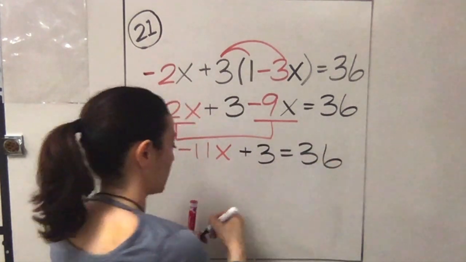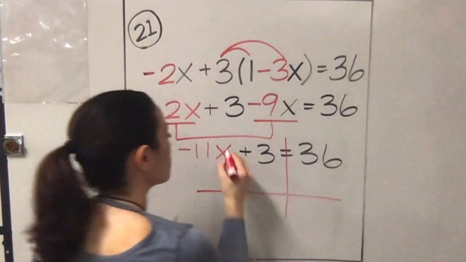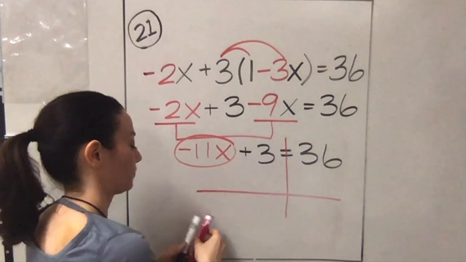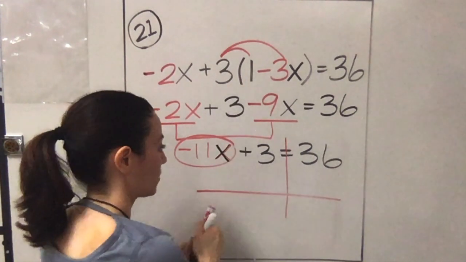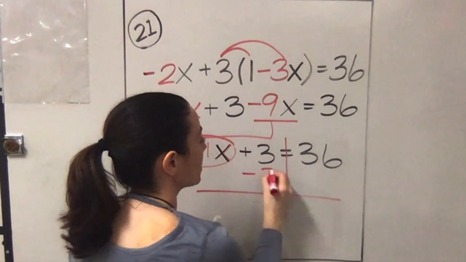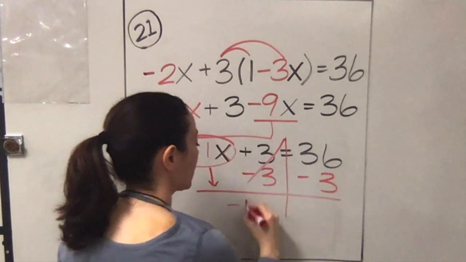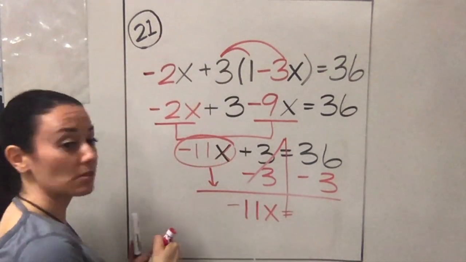Good. So let's make a t and solve the equation. Circle negative 11x. What's the opposite of positive 3? It's negative 3. So we subtract 3 from both sides. Bring down negative 11x. And it's going to equal 36 minus 3.